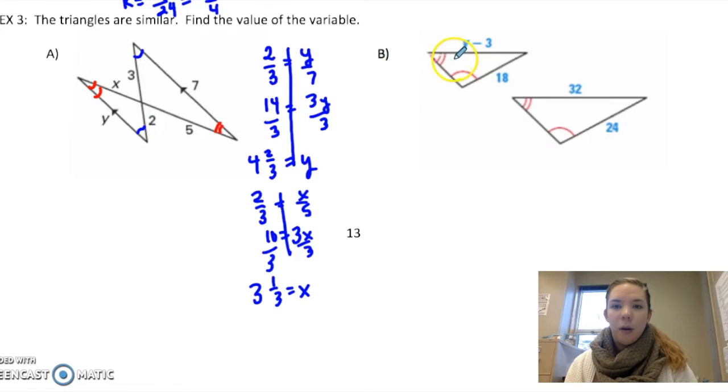Okay, part B. Here we have 18/24, that's known, equals (y minus 3)/32.